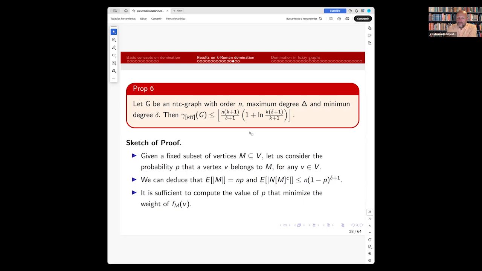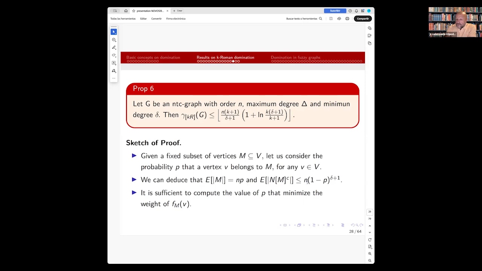In this case, in proposition 6, we use probabilistic reasoning to obtain this bound by considering a fixed set of vertices M, and consider the probability P of any vertex v to belong to this set. Well, it's not difficult to obtain the expected value of the size of M and also the size of the complement of the closed neighborhood.